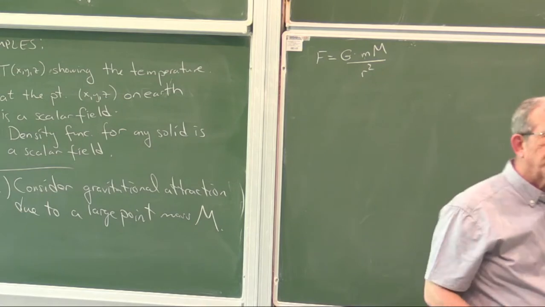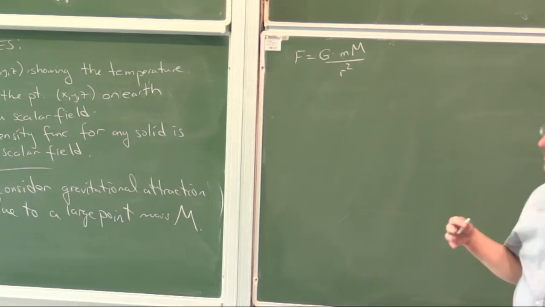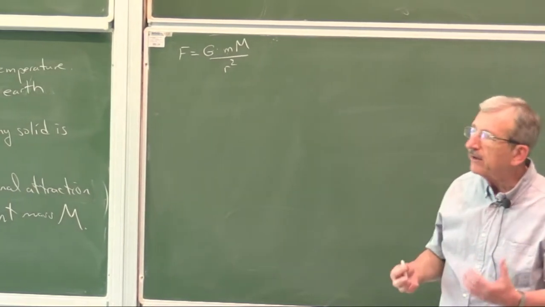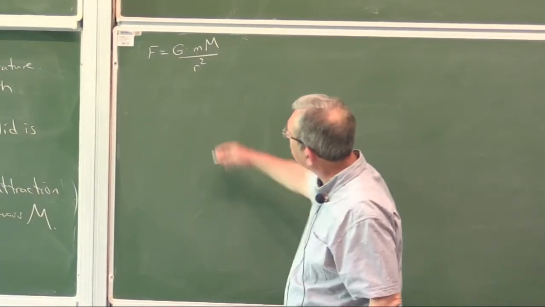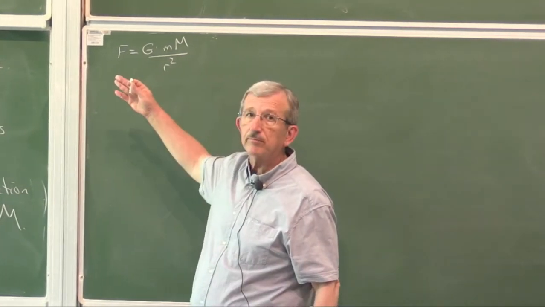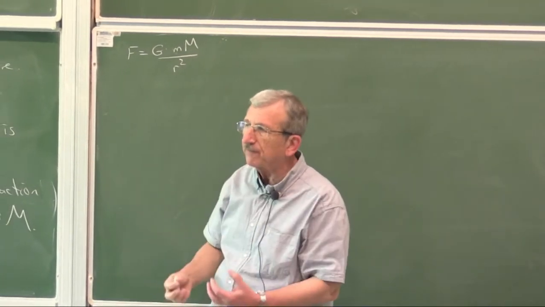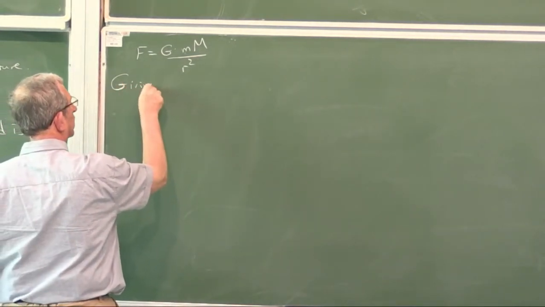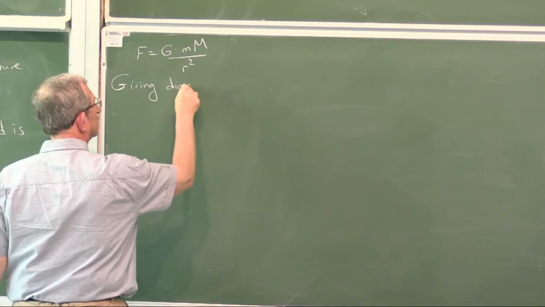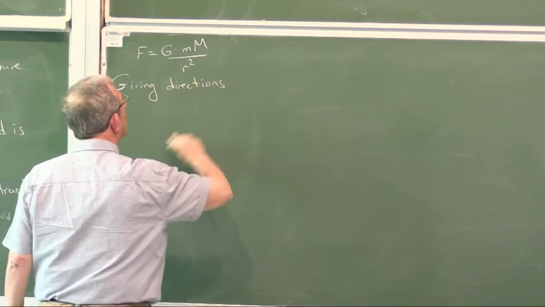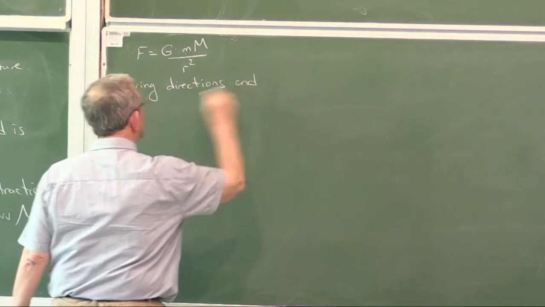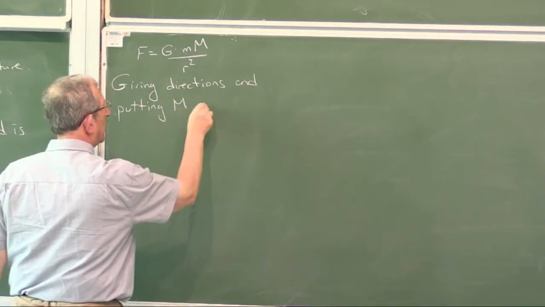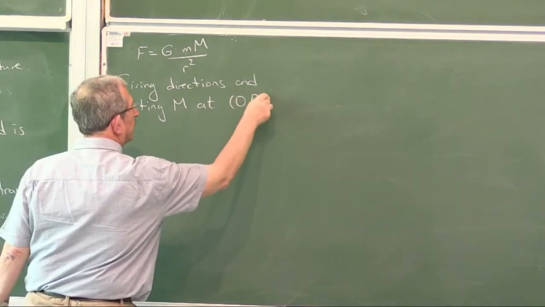Of course, this gravitational attraction is a force, it pulls. And at the same time, it has a direction. It pulls it towards itself. So, giving directions, and putting M at 0, 0, 0.